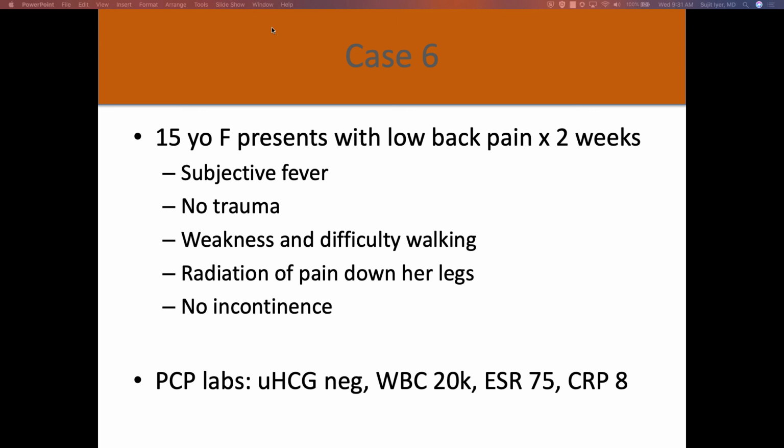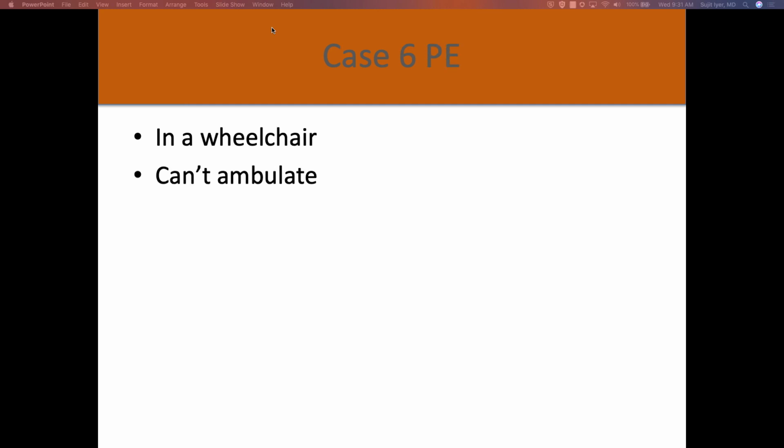She's not pregnant. Anything else maybe concerning, or not concerning, with the labs? Yeah, everything listed. So on physical exam, she's in a wheelchair, can't ambulate, really doesn't want to move, can't move.